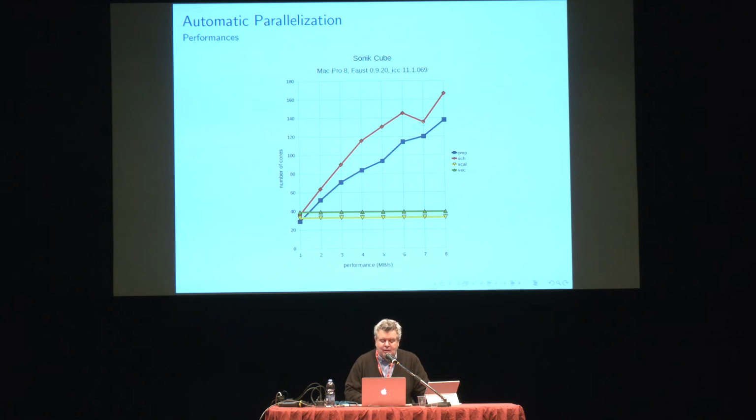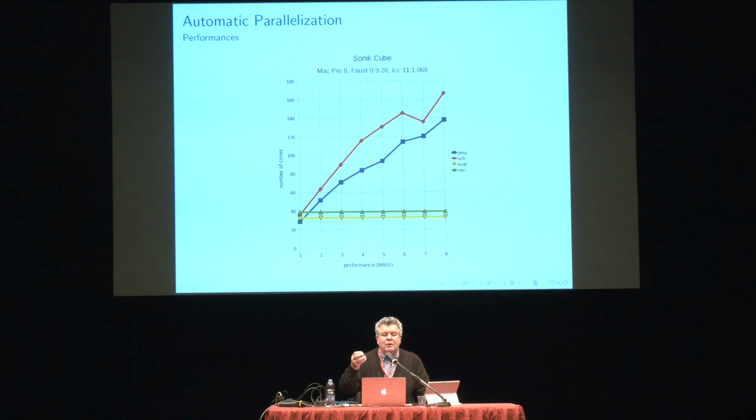So here is an example of a sound installation I did several years ago, and you see the gain of performance you can have by running this Faust application in parallel mode on an 8-core machine. You don't multiply the performance by 8.